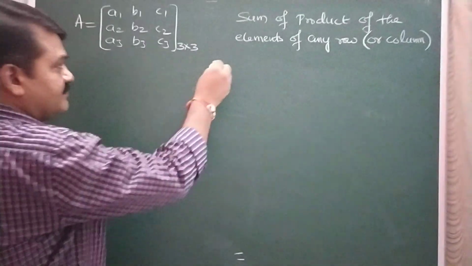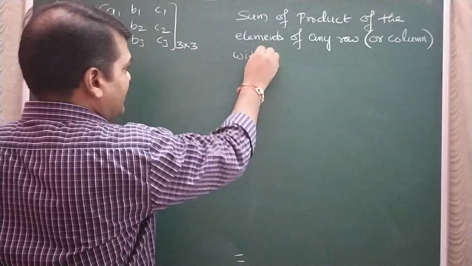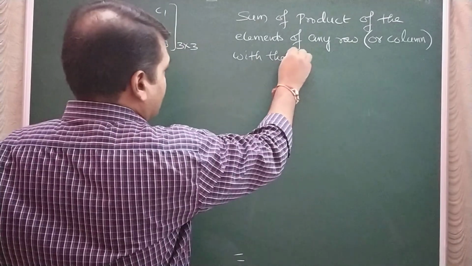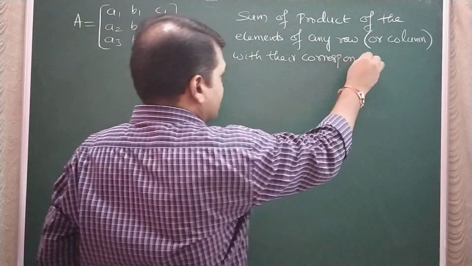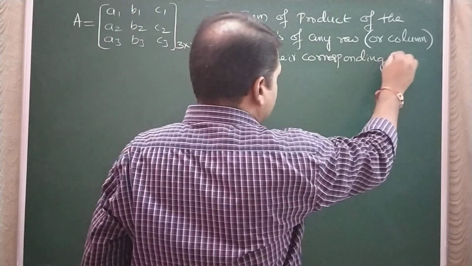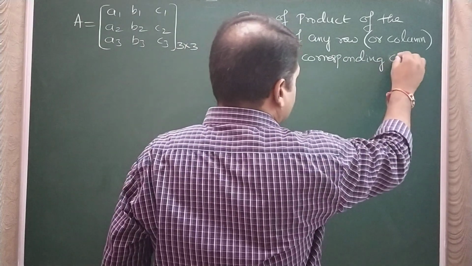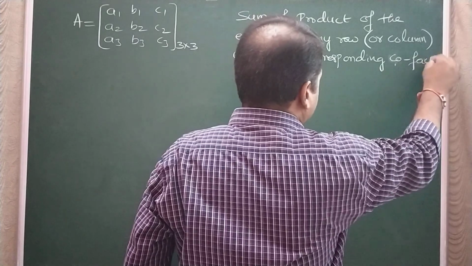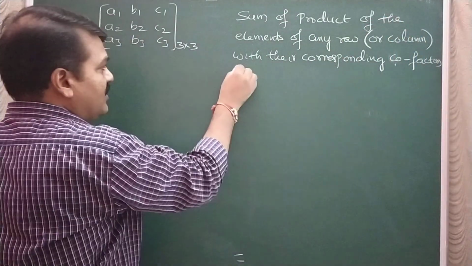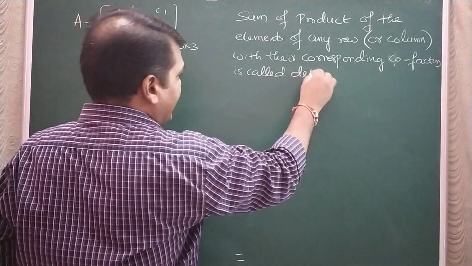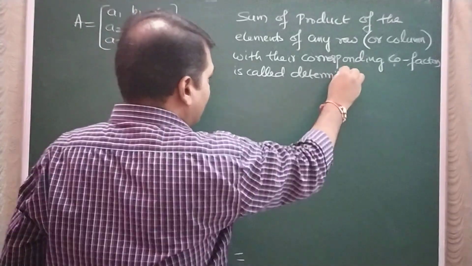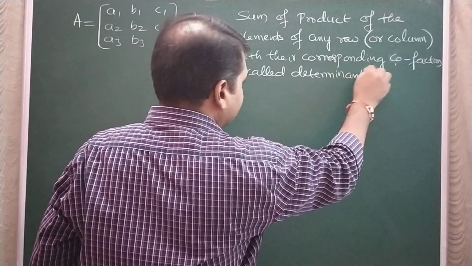The sum of the products of elements of any row or column with their corresponding cofactors is called the determinant. This is the general definition.